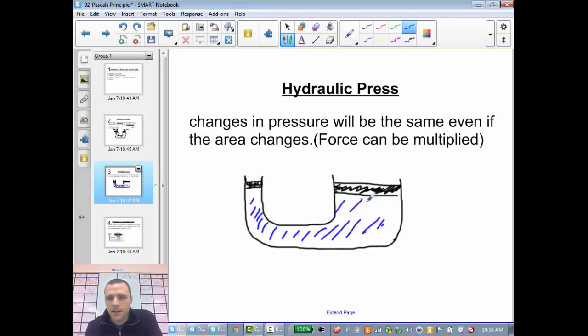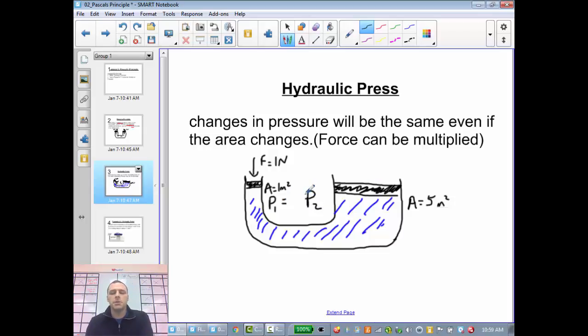Let's throw some numbers here just to see what's happening. Let's imagine that this has an area of 1 meter squared, and it has a force applied of 1 Newton. Over here, our area is larger. It's 5 meters squared. One thing Pascal's principle tells us is that the pressure over here, pressure number 1, must equal pressure number 2.